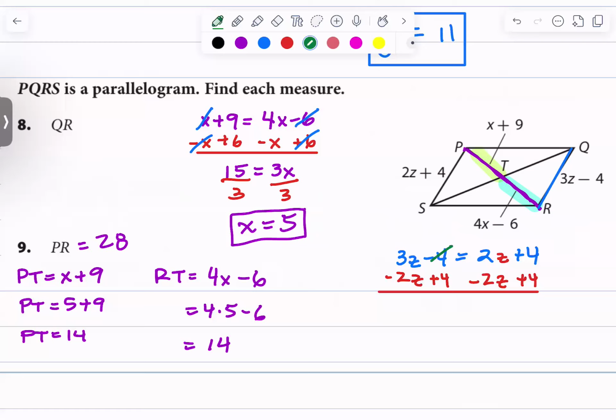Again, doing that would cancel out this 4, cancel out the 2Z. So we have 3Z minus 2Z, which is Z, equals 4 plus 4, which is 8.